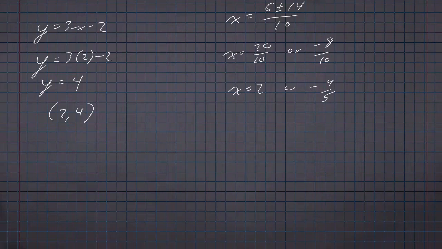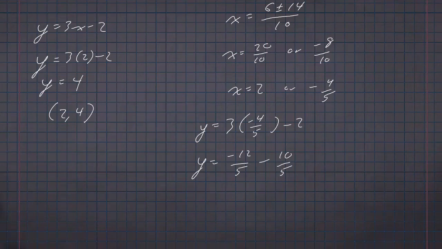I should also plug in the solution x equals -4/5. y equals 3 times -4/5 minus 2. I'm going to rewrite 2 as 10 over 5 so that things look normal. And -12 minus 10 is -22.